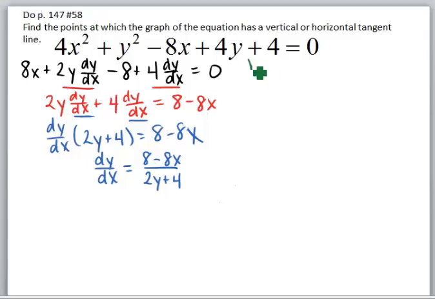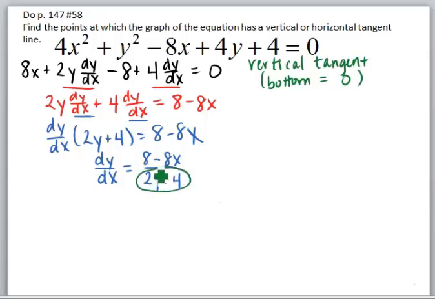Let's go ahead and do the vertical tangent lines. We haven't done a whole lot of vertical tangent lines, I don't think any. But what would that mean? Well, that would be where our bottom is equal to 0. So I'm going to look at the bottom of the slope of the tangent lines, and I'm going to figure out where that is undefined.